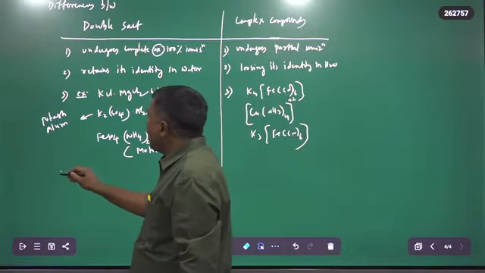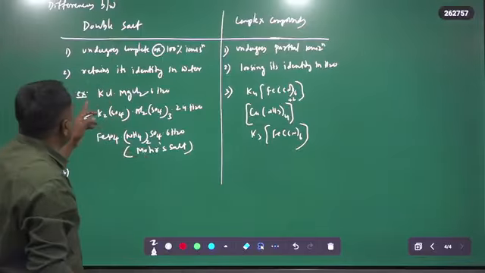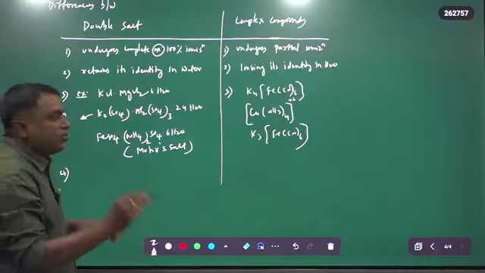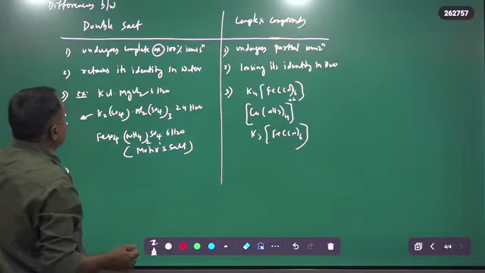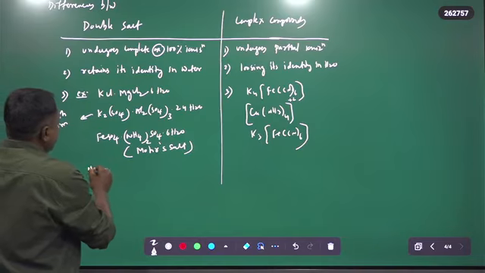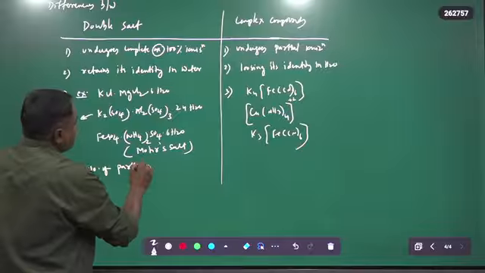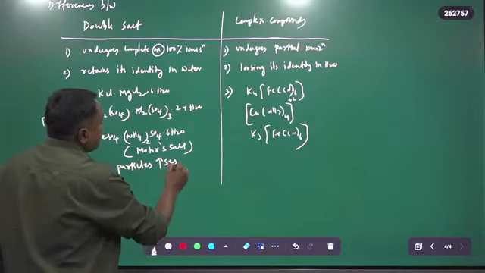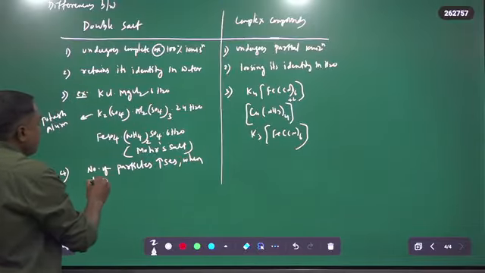The most important point is that when double salts are dissolved in water, they form all their constituent ions. Therefore, the number of ions, the number of particles, increases when dissolved in water.